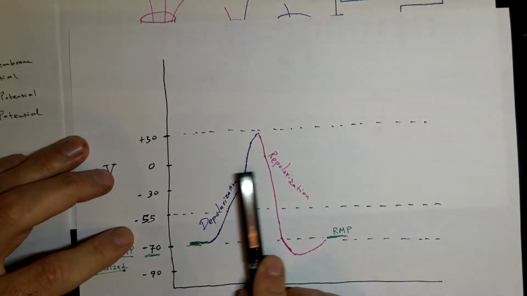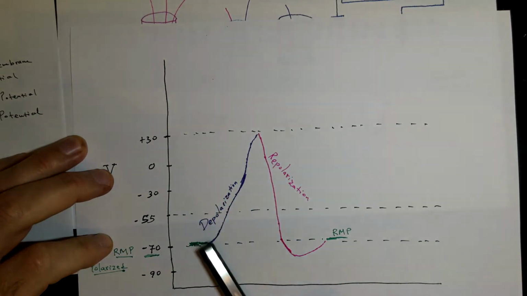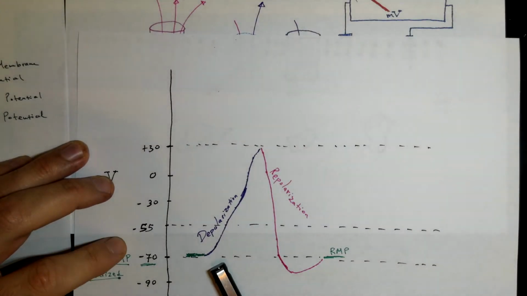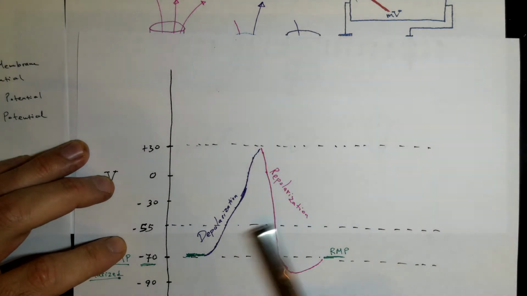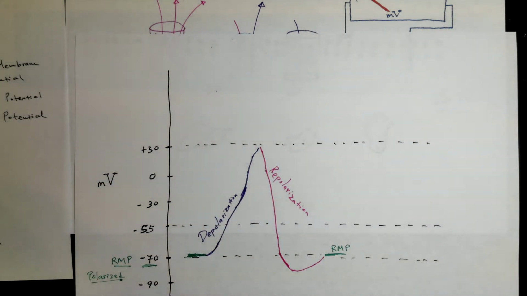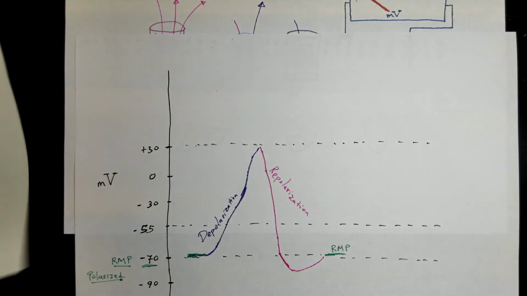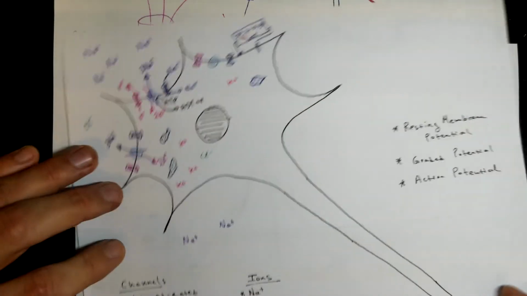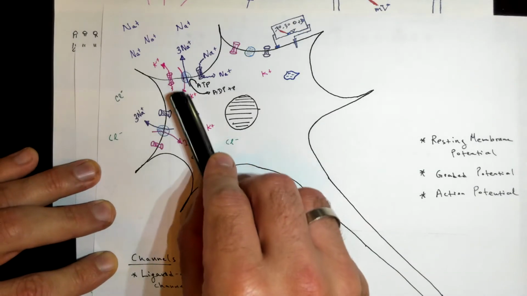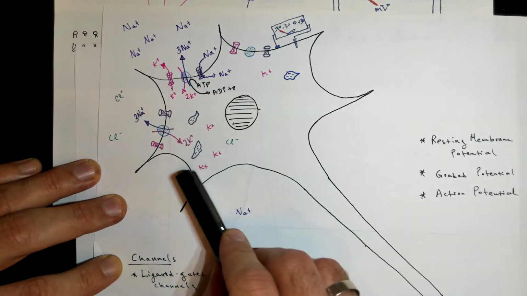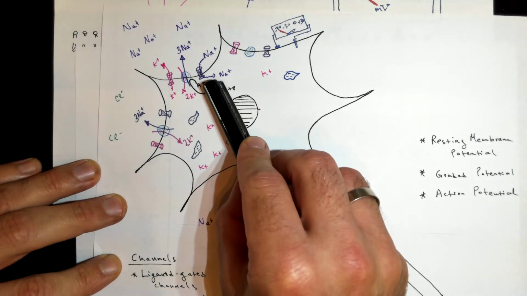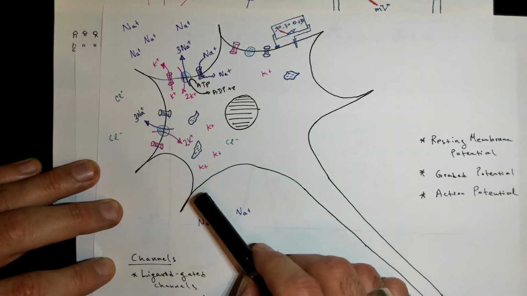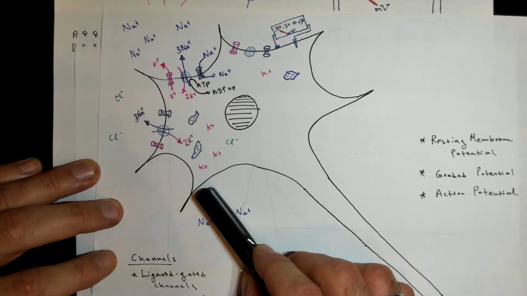And then you can imagine it depolarizing and repolarizing again. So keep this in mind. We're going to understand this better and better as we look at more and more details about how the neuron works. Just keep these ideas in mind for now, and then the details will come in a little bit. So just to recap everything, we've got this neuron that has sodium-potassium pumps everywhere, has potassium leak channels, sodium leak channels, has chloride as well, which does not contribute too much to the resting membrane potential.